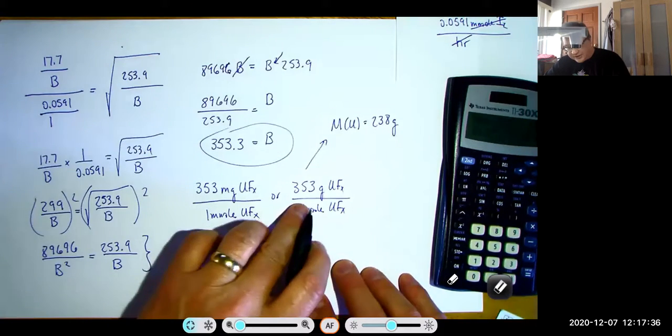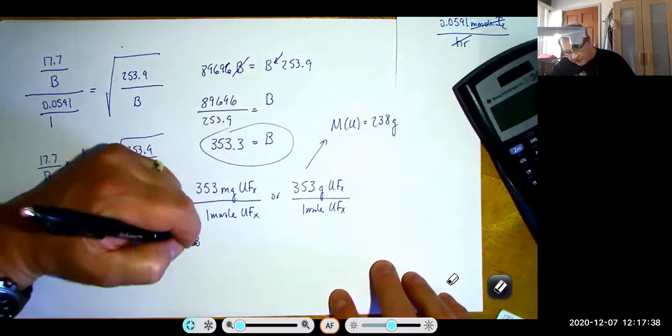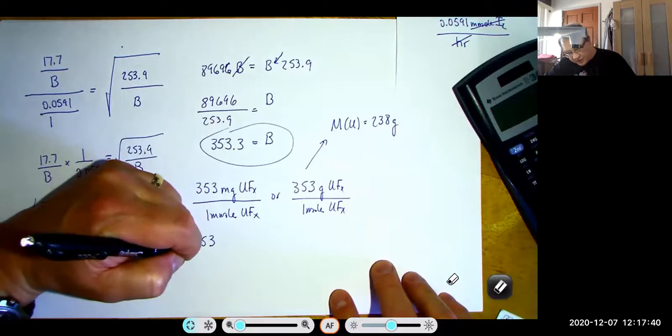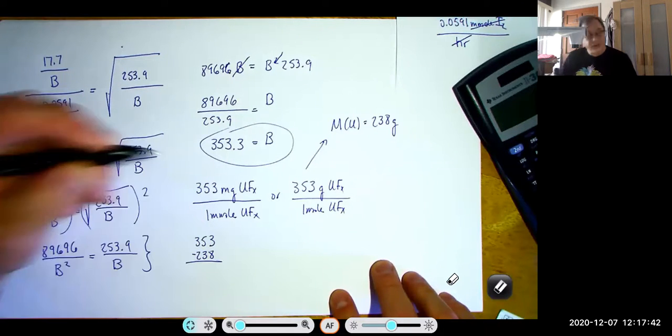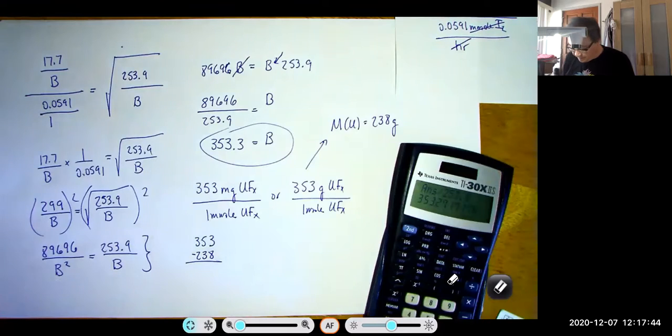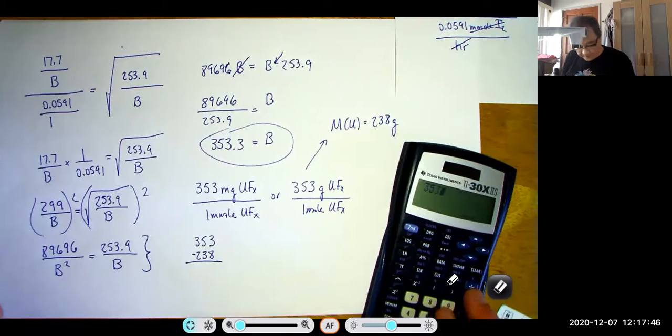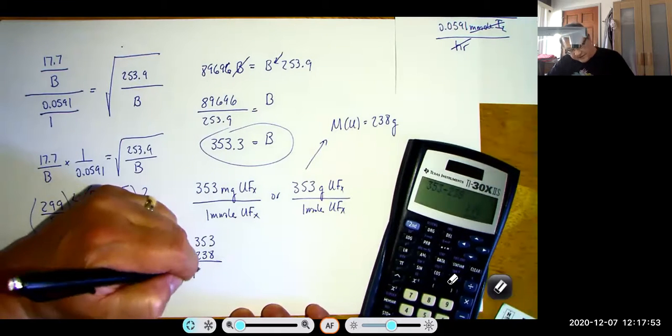So that means if I take my 353 and minus 238, let's see what we get. We get 115.